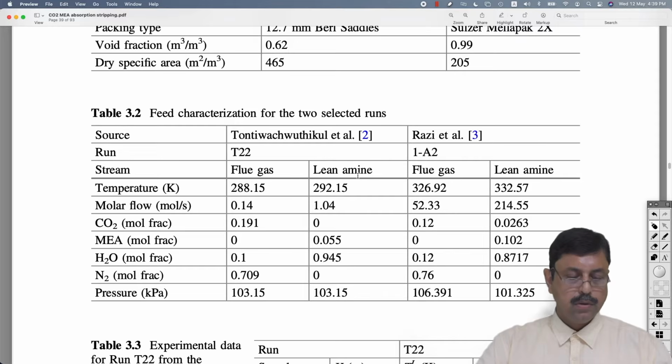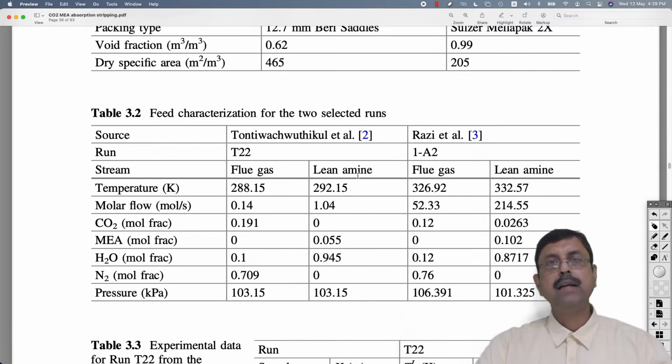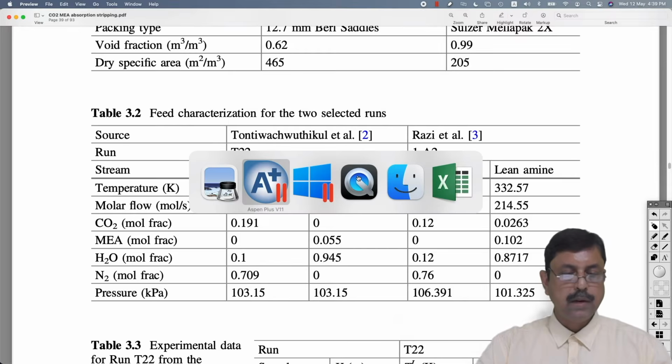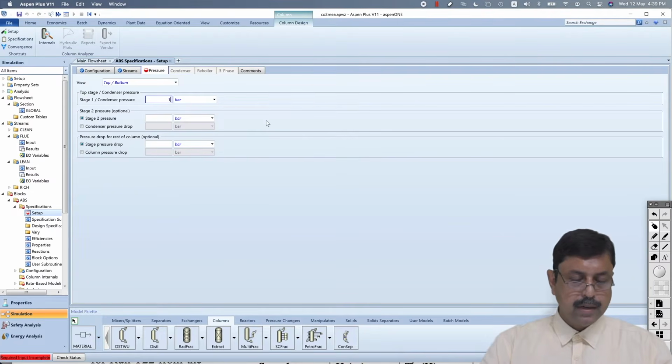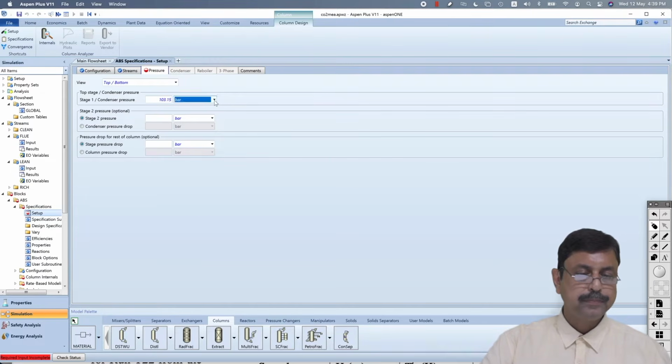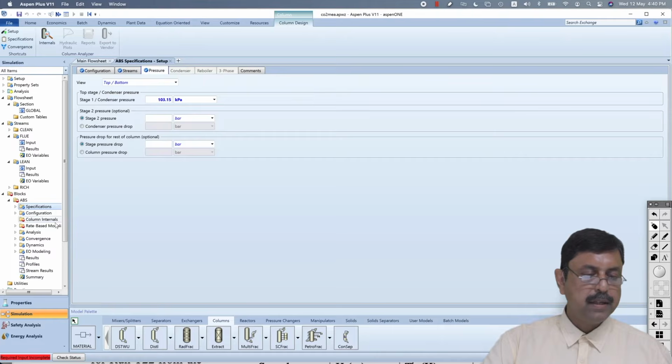So just to keep a parity, we'll keep 103.15 kilopascal. Okay. So specifications have been given.